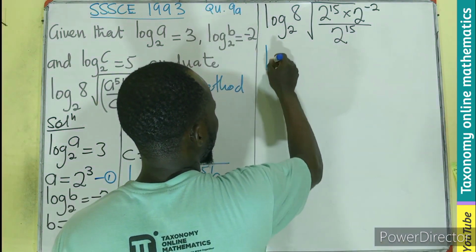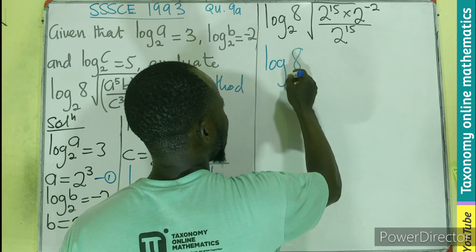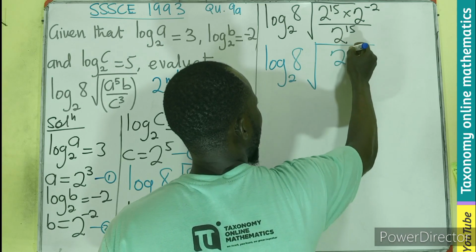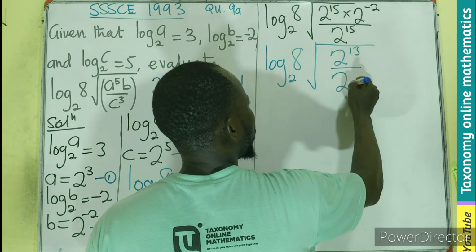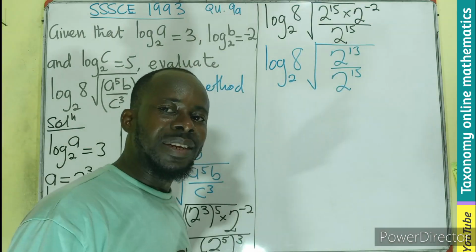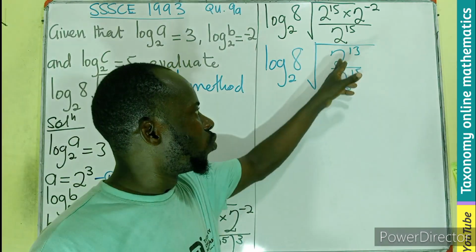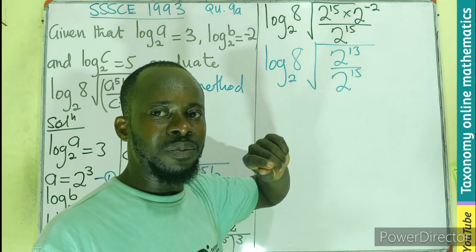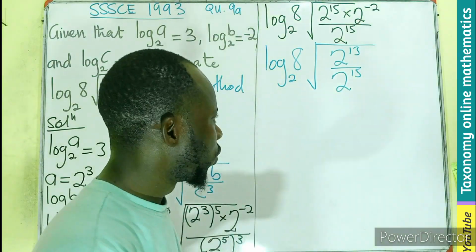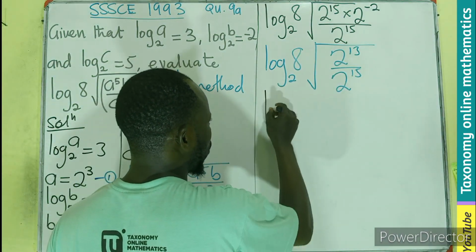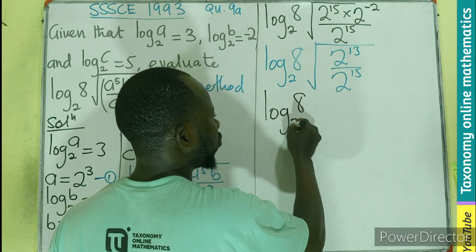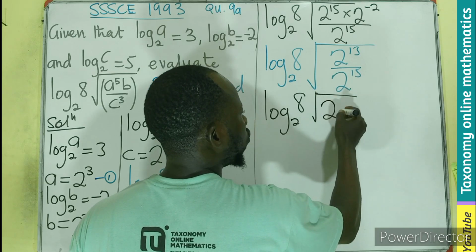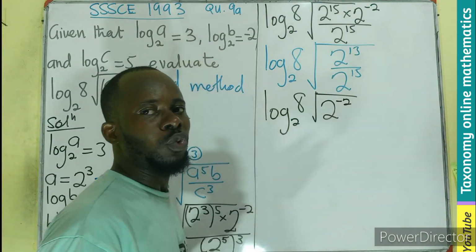So we have the log of 8 base 2, times 2 exponent 13 over 2 exponent 15. Can you see base 2 dividing? So we subtract the powers: 13 minus 15 gives you negative 2. So we continue by writing the log of 8 base 2 times the root of 2 exponent negative 2.